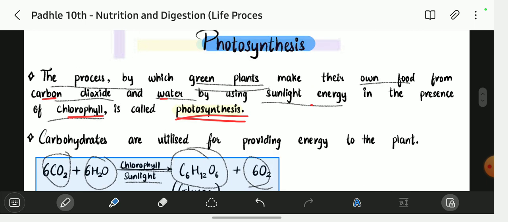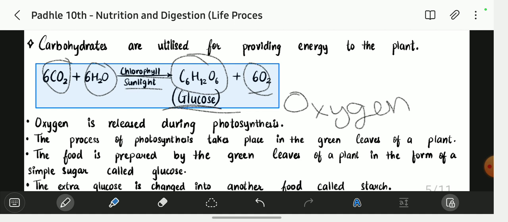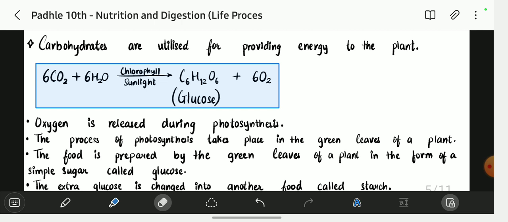As we know, these plants give us oxygen also. Oxygen is released during photosynthesis.